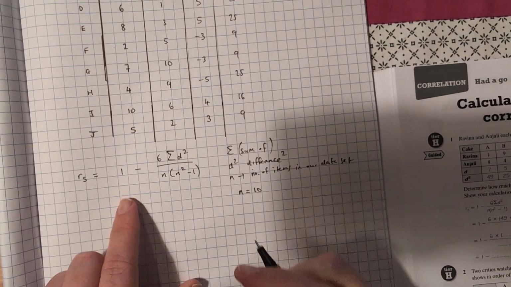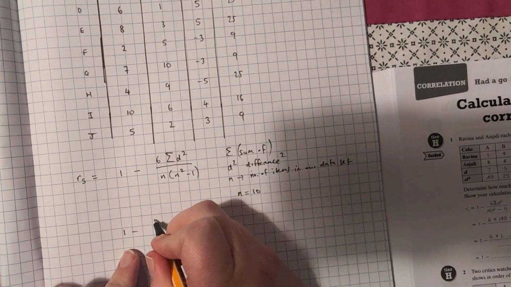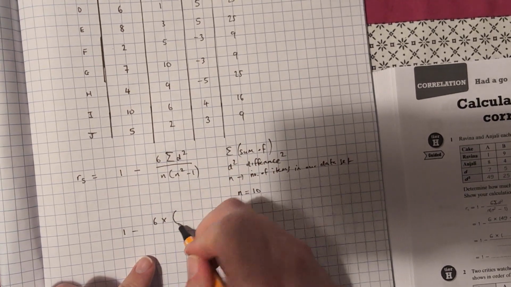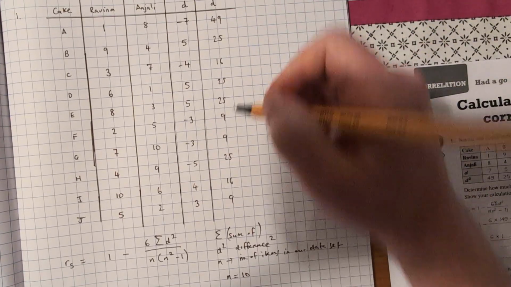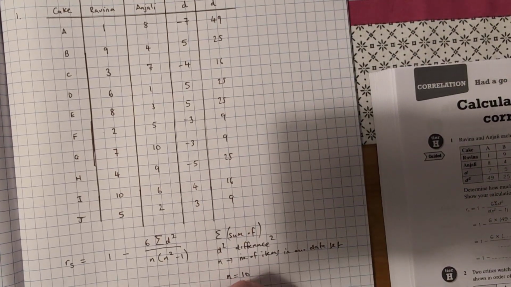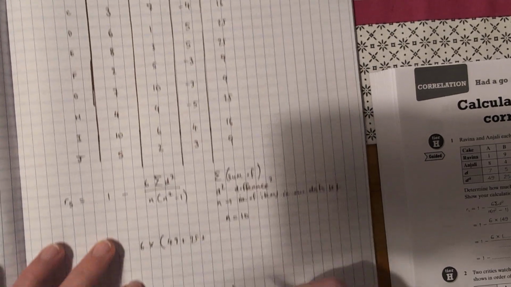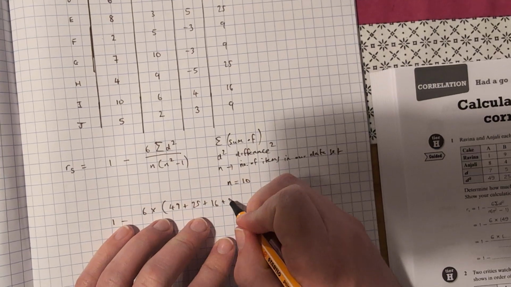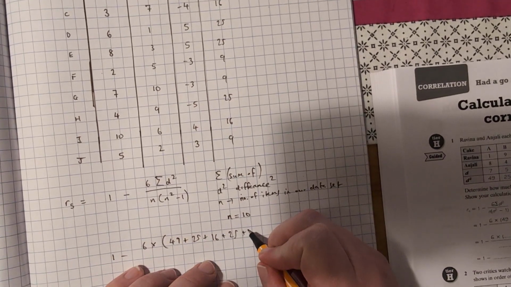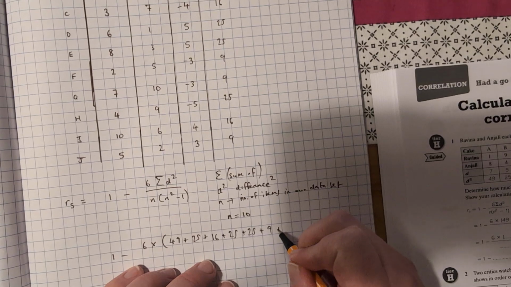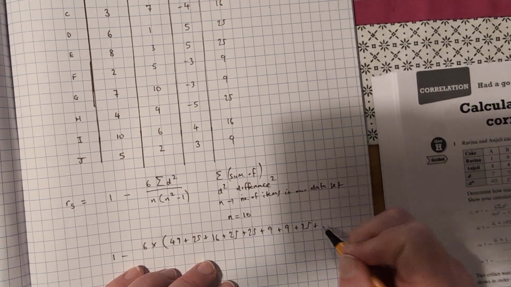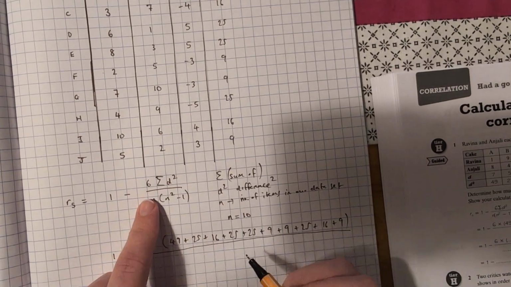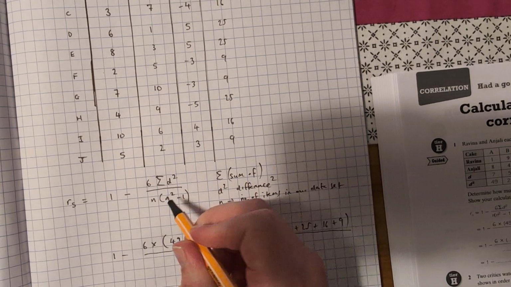So we can start filling in this formula. We have 1 minus 6 multiplied by the sum of all d squared. So we basically have to add all these d squareds together. So it's going to be 49 plus 25 plus 16 plus 25 plus 25 plus 9 plus 9 plus 25 plus 16 plus 9, all over n, which is 10, multiplied by n squared minus 1.